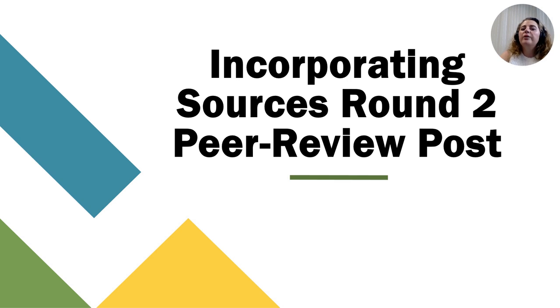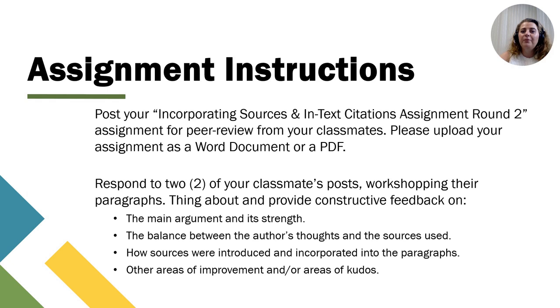Now we have our incorporating sources round 2 peer review post. For this assignment, we are going to be posting your incorporating sources and in-text citations assignment round 2 to peer review with our classmates. So please upload your assignment as either a Word document or a PDF within that discussion post.